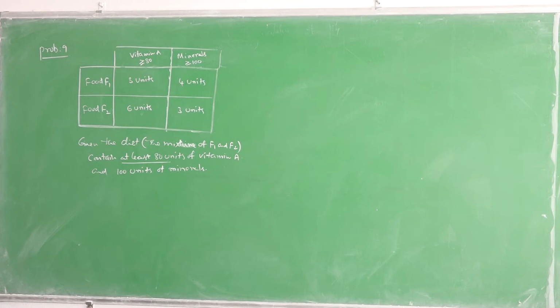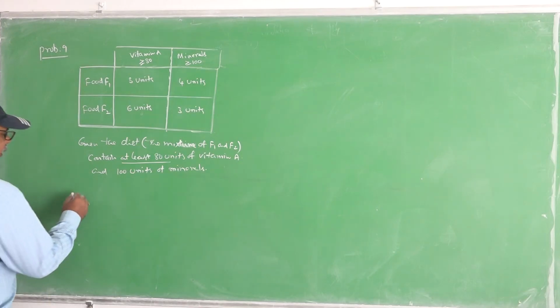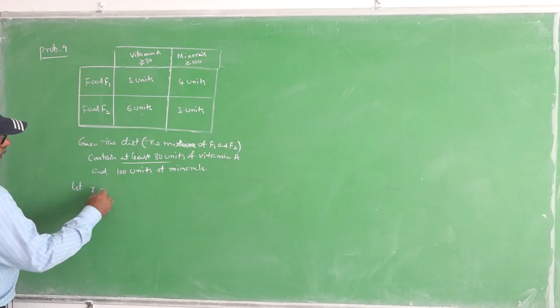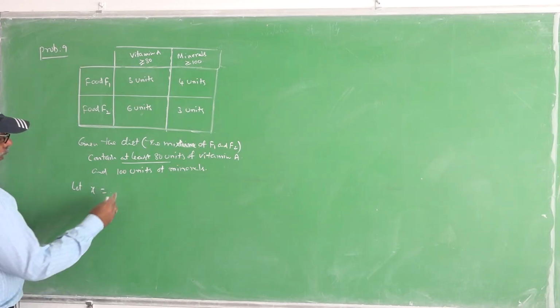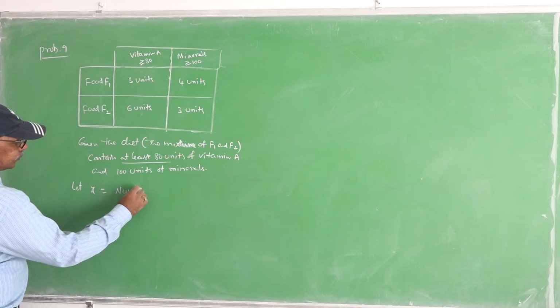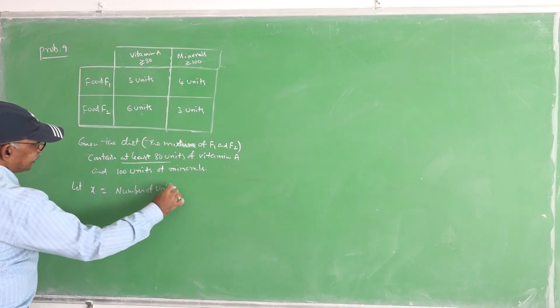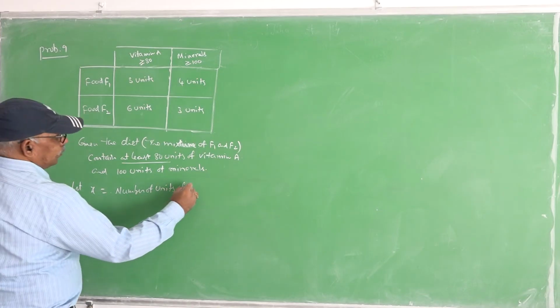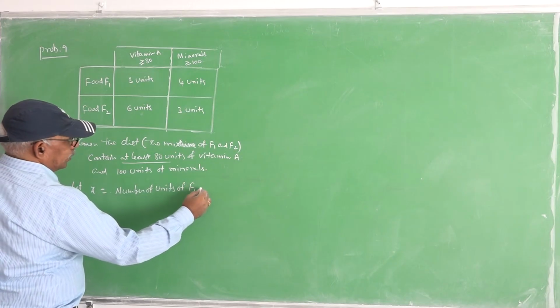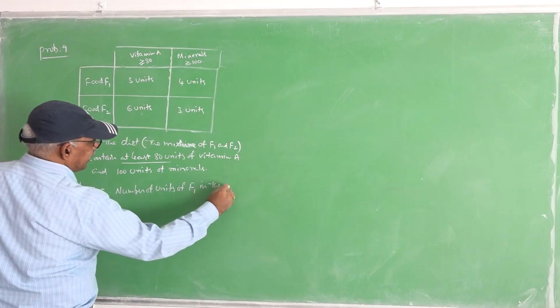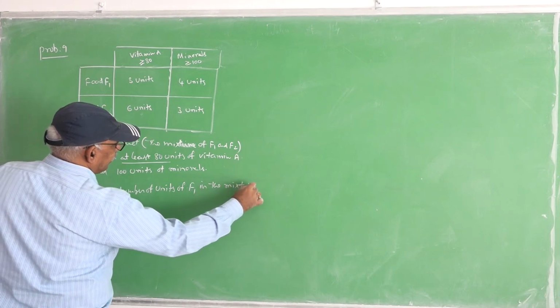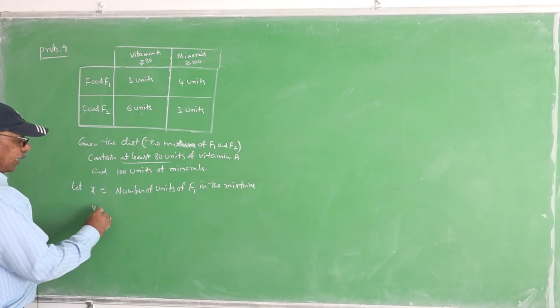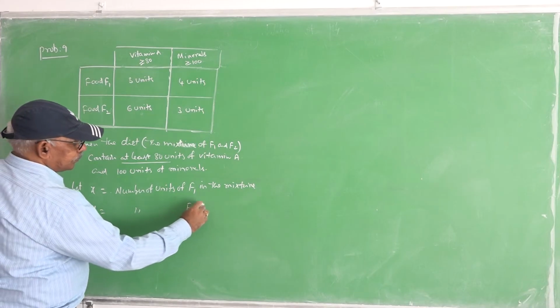The diet given by the mixture of F1 and F2 must have at least 80 units of vitamin A and 100 units of minerals. That is given here. Let x be the number of units of F1 in the mixture, and y the number of units of F2 in the mixture.